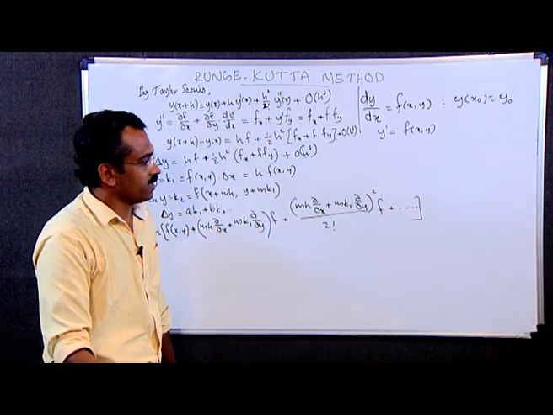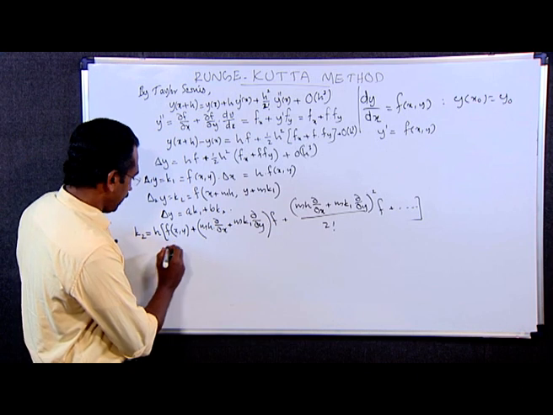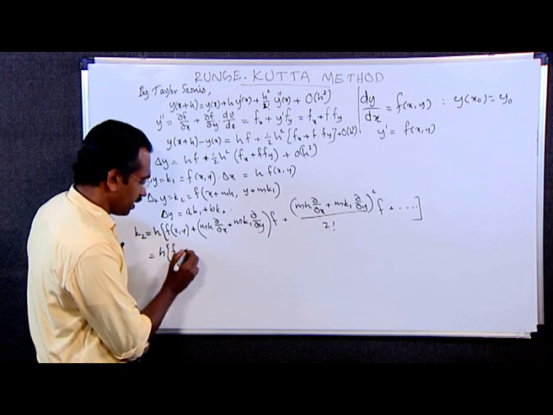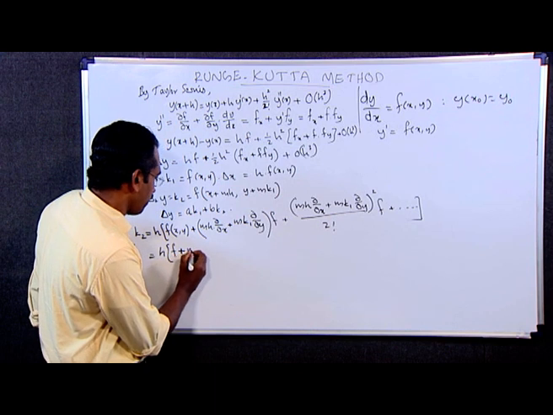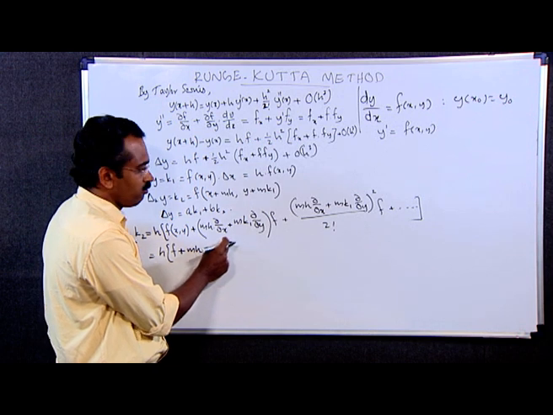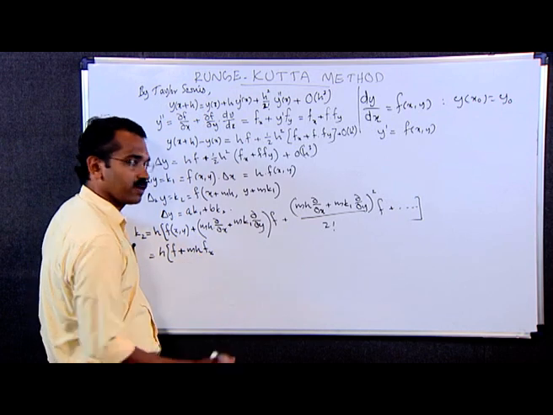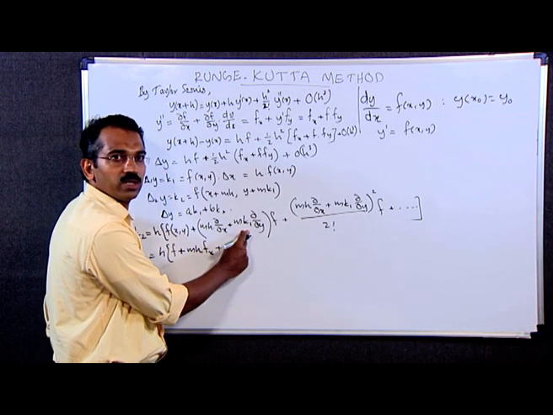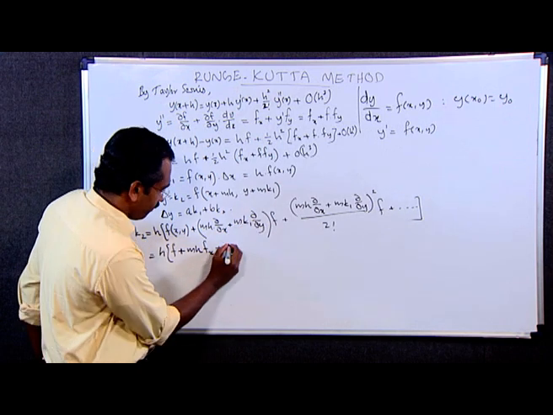This is by the Taylor series expansion of two variables, which is equal to h into f of x y is f, plus m into h into dou by dou x of f, which means dou f by dou x. We use this notation f x for dou f by dou x, plus m k1 into dou f by dou y.